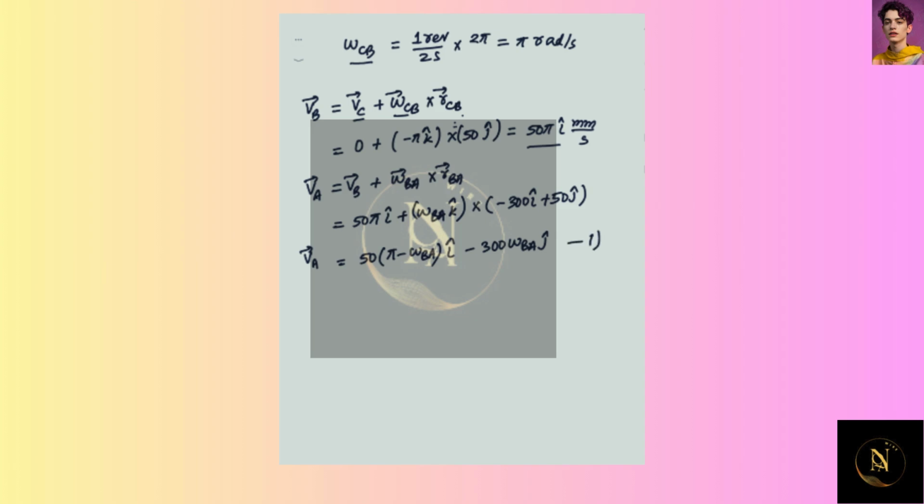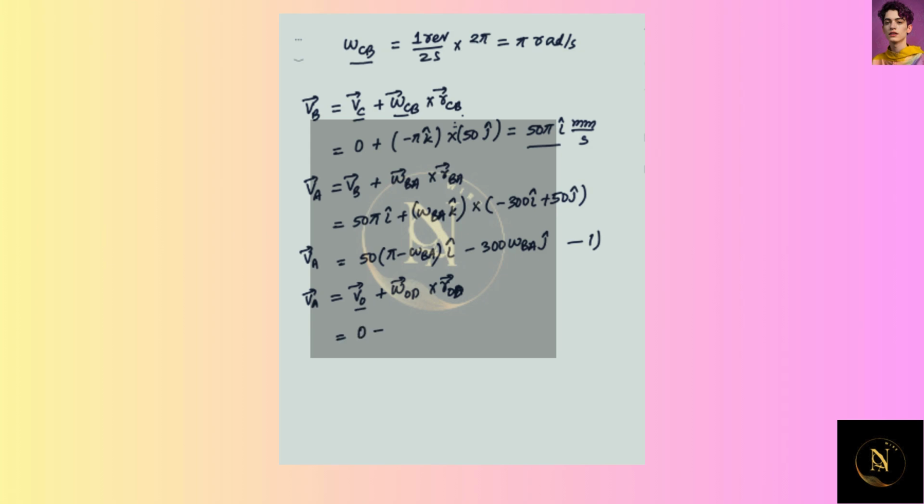Now similarly, we can obtain the velocity vector V_A with respect to point O in terms of angular speed omega OD. So the V_A vector equals V_O vector plus omega OD vector cross R_OD vector.